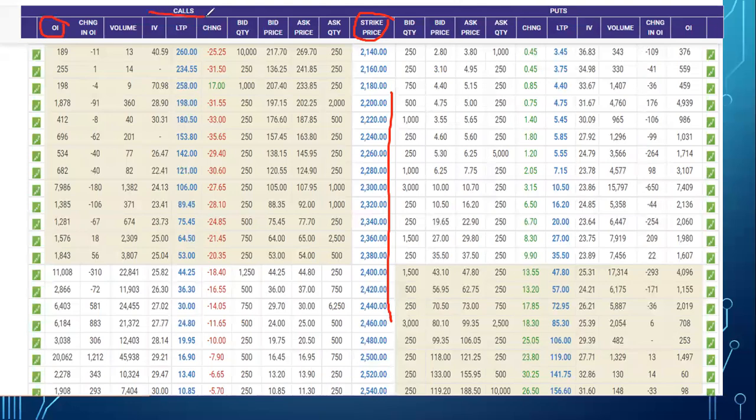This is the call side open interest, and this is the put side open interest. When I say open interest, what does it mean? Open interest simply means how many contracts of this particular strike price are open in the market. For example, if party A starts the day and sells 3 options, somebody will be buying 3 options.